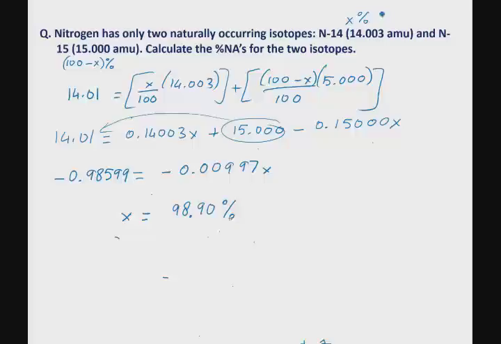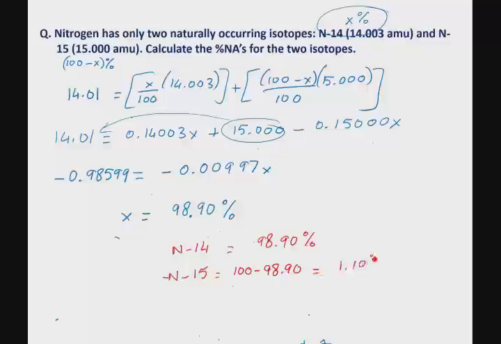And please remember, we assumed the percent natural abundance of nitrogen 14 to be X. So the percent natural abundance of nitrogen 14 equals 98.90%. And if that's the case, percent natural abundance of nitrogen 15 will be 100 minus 98.90, which comes out to be 1.10%.